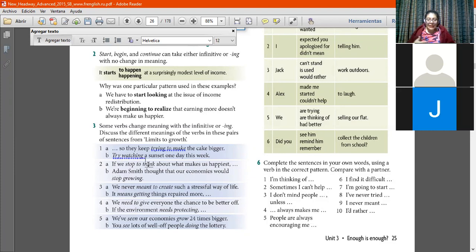You do it as an experiment to see if it is effective, right? So it says here, try watching the sunset. What is the sunset? Cuando se pone el sol, right? The sunset one day this week. So it's not difficult to do. You do it as an experiment.